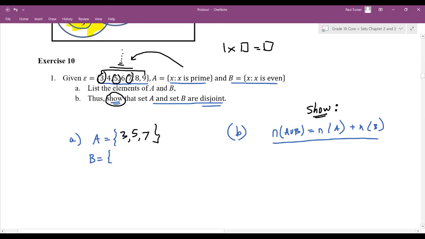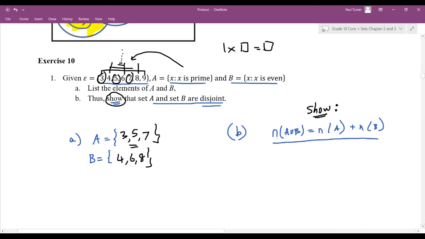So that's set A. And set B is the even numbers. Well, that would be 4, 6, oh, but 9. Okay, so 4, 6, and 8. We can ignore the 9 when we do this calculation here. So 4, 6, 8.